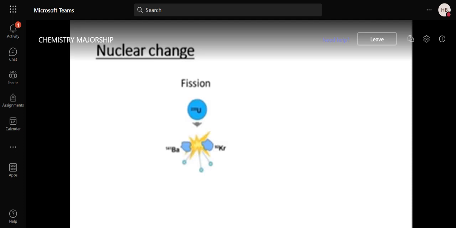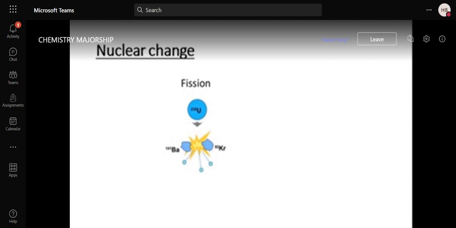Alright? Okay. So, kagaya nito, for example, originally, you have uranium. So, ang uranium po ay isang element na mabigat. Actually, it's one of the last elements in the periodic table. Meaning, it's a heavy material. Okay.